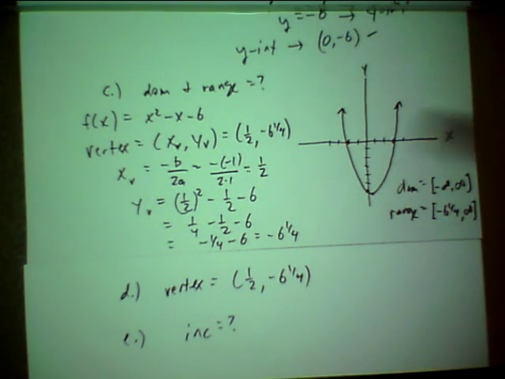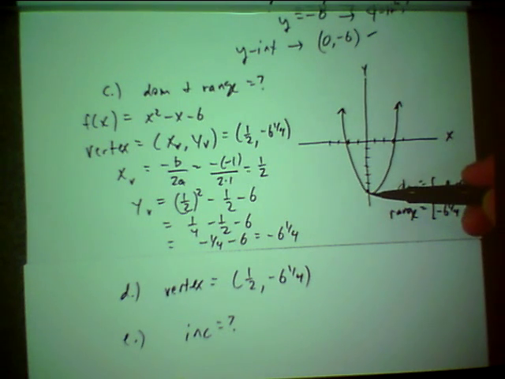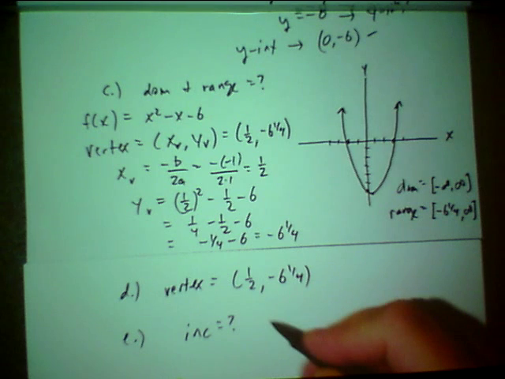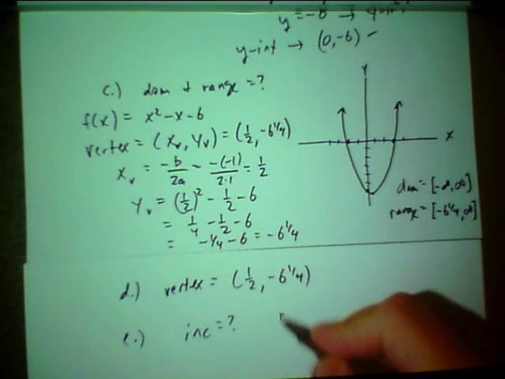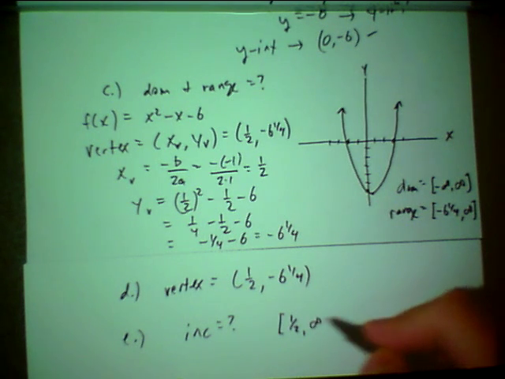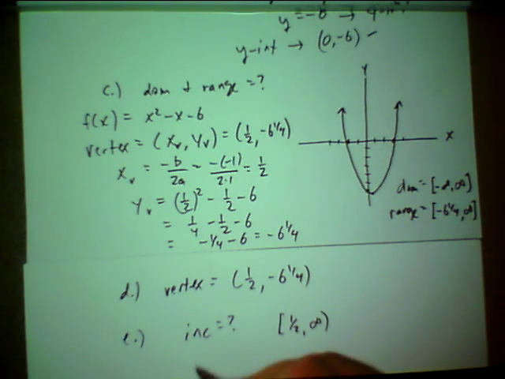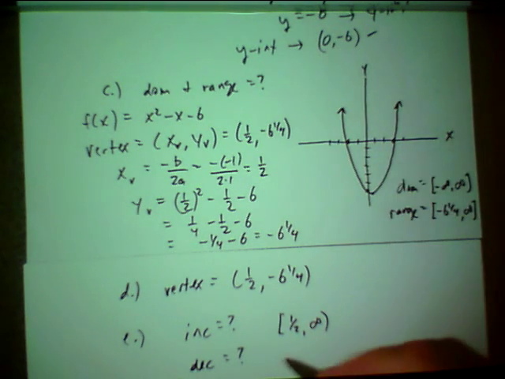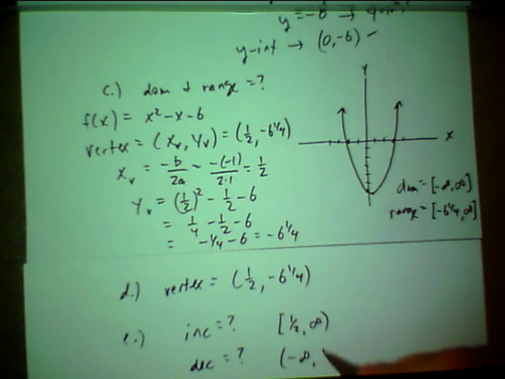Well, increasing is when it's going up, and it starts at the vertex. So the values of x increasing start at 1/2 and go to infinity. And where does it decrease? It starts at negative infinity, and it decreases until you get to 1/2, and then it starts going up.